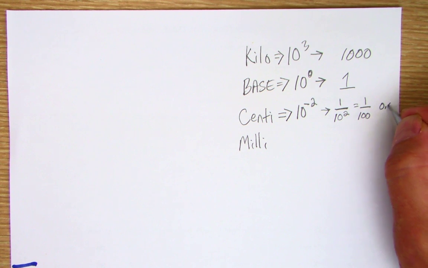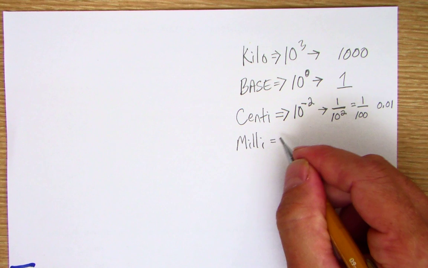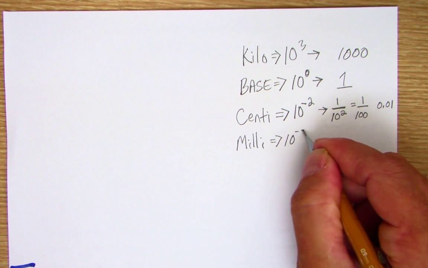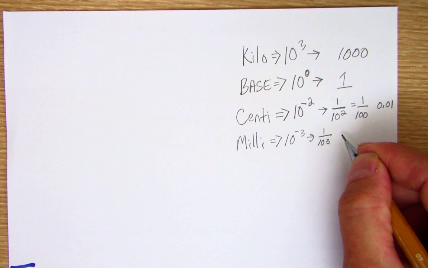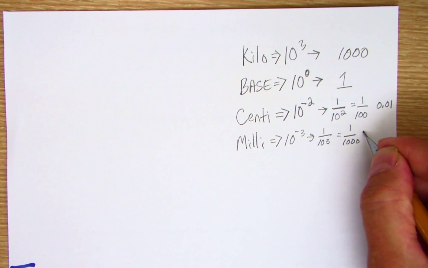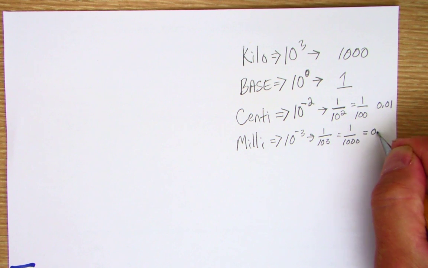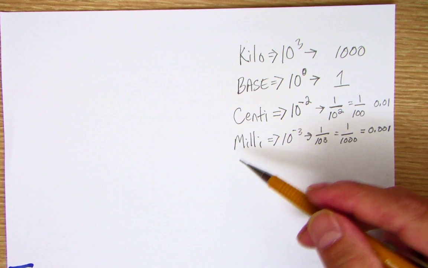And it might look like that. Okay? And then finally, of course, we have milli, and milli is 10 to the negative third, which again is 1 over 10 to the positive third, which is 1 over 1,000, or 1,000th of something.